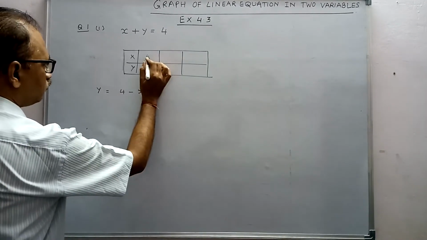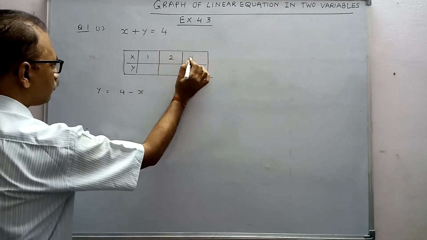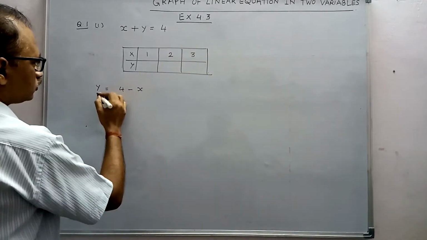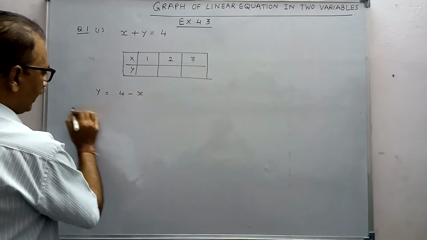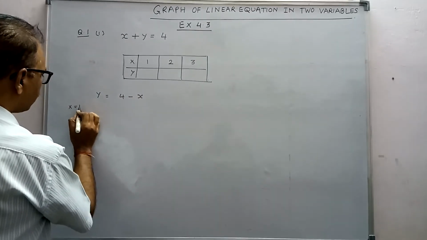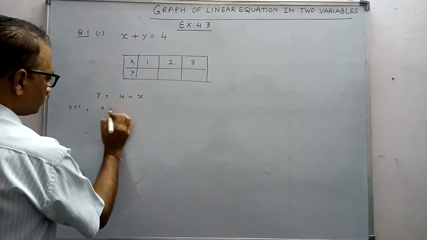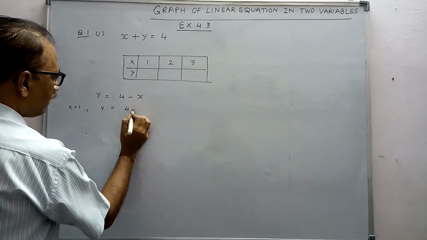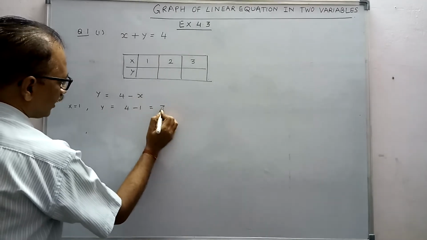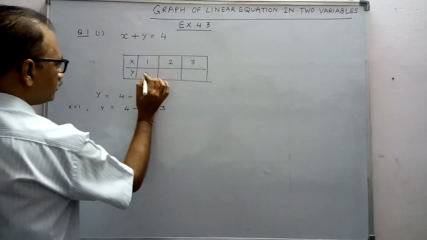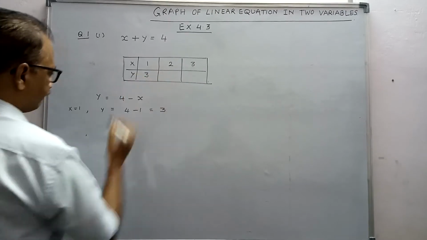Put x is equal to 1 here, 2 here and 3. When x is equal to 1, y is equal to 4 minus 1, that is equal to 3.